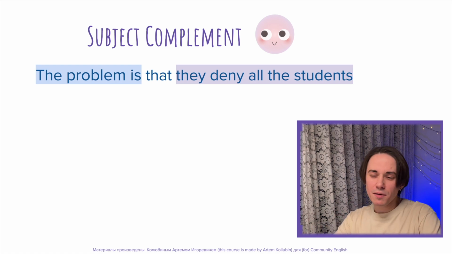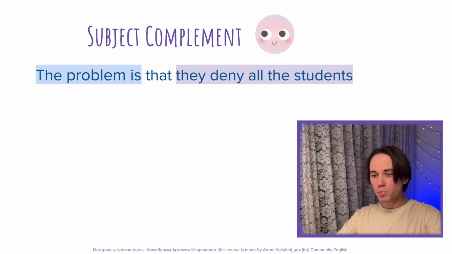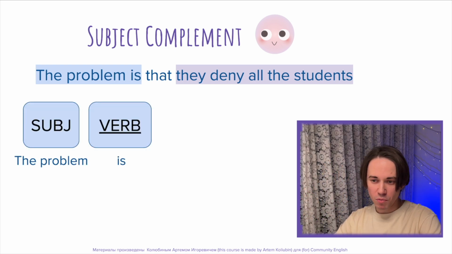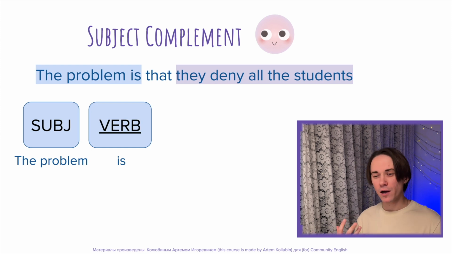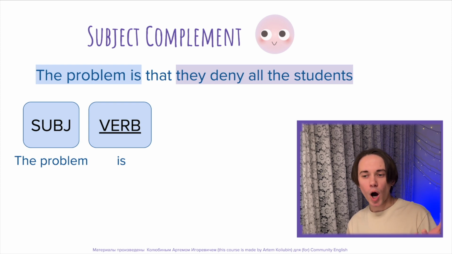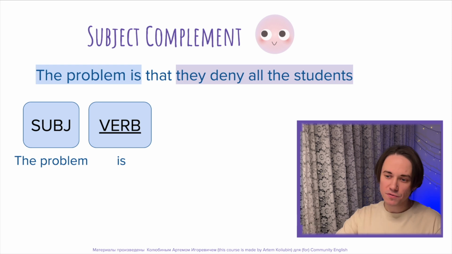So it's very similar to the verb plus that we just had, but instead of a verb, we have is, or am, for example, if it's I, but it's rarely I'm. It's quite often are, is, was. The problem was that they denied all the students, for example.